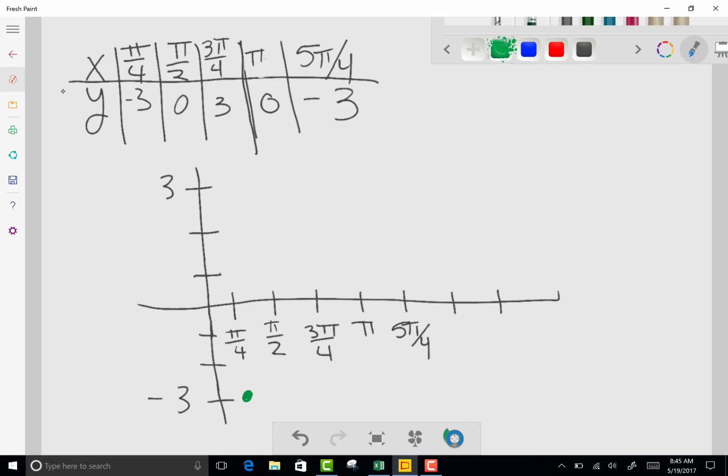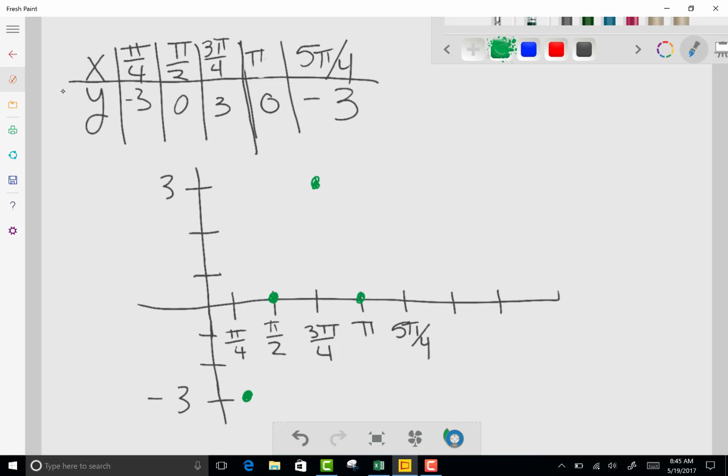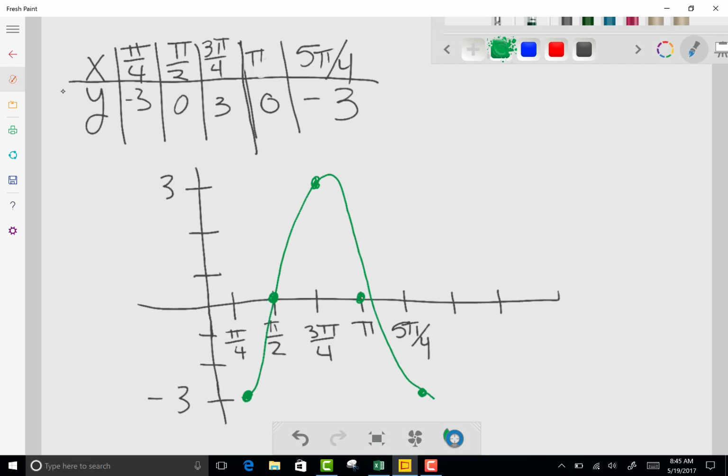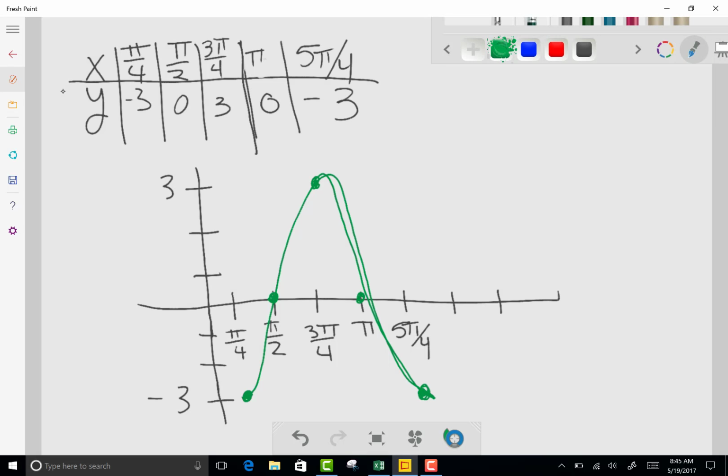At pi over 2, we're going to come back up to 0. At 3 pi over 4, we're going to come up to 3. Then at pi, down to 0. And then at 5 pi over 4, back down to -3. So here's our translated, whoops, I'm not drawing that very well. There's our translated function.